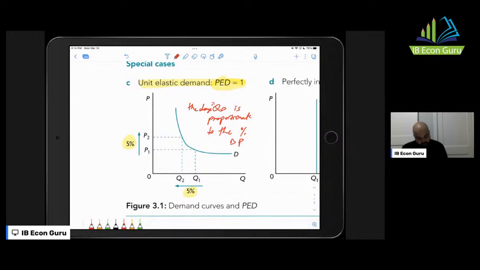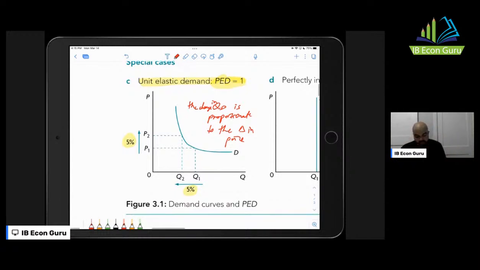The change in quantity demanded is proportionate to the change in price, okay? If price rises by 10%, quantity demanded falls by 10%. If price falls by 15%, quantity demanded rises by 15%. The proportions are always the same. This is called unit elastic demand.